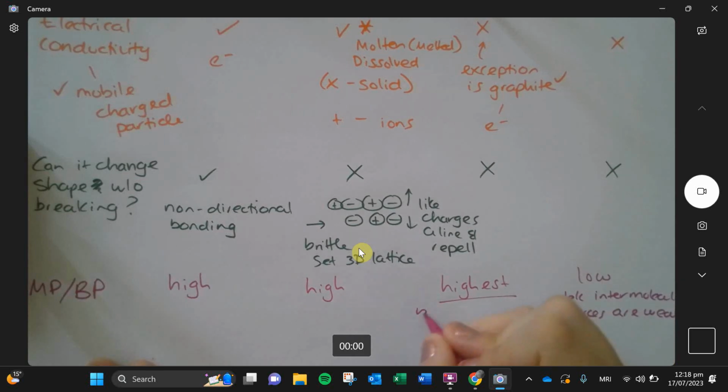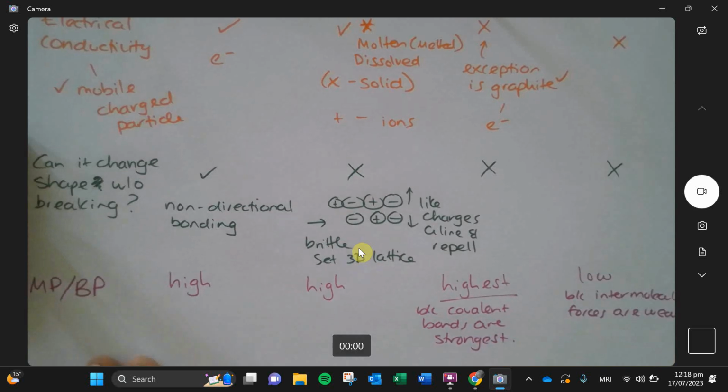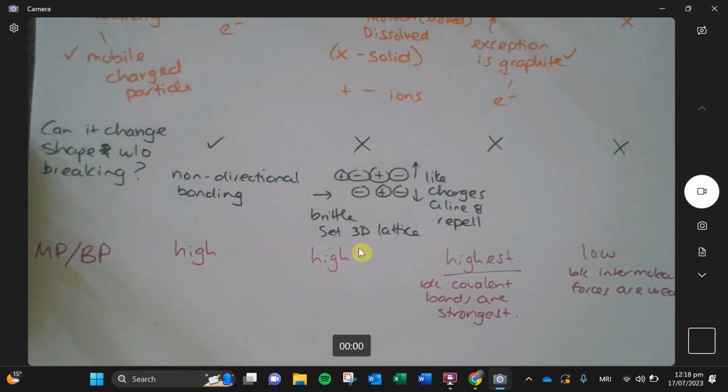This one is because covalent bonds are the strongest. Remember, with those covalent bonds, we have two atoms sharing electrons. That's a very strong bond when those two atoms are sharing that electron.